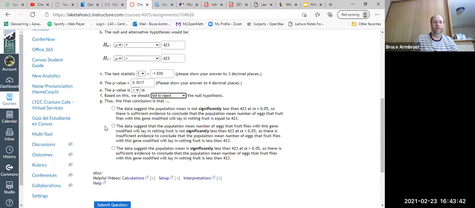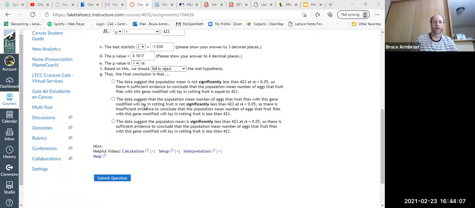Okay, so let's see which of these statements we want to use as our final conclusion. The data suggests the population mean is not significantly less than 423 at alpha of 0.05, so there is sufficient evidence to conclude that the population mean is equal to 423.